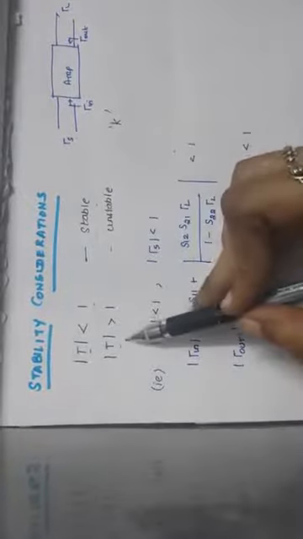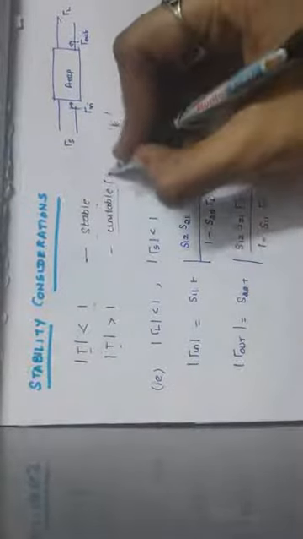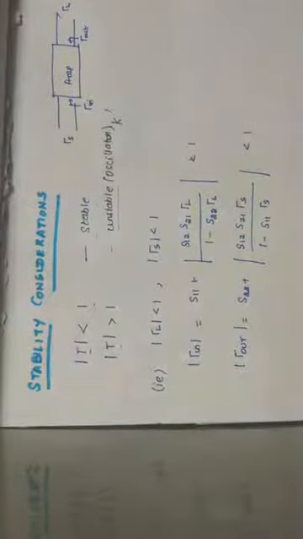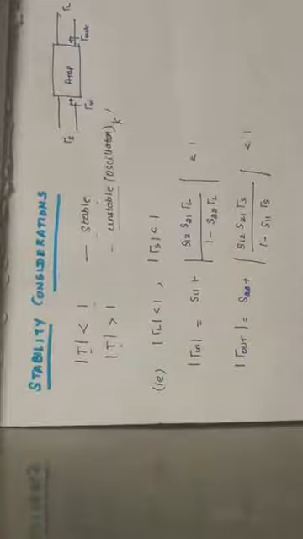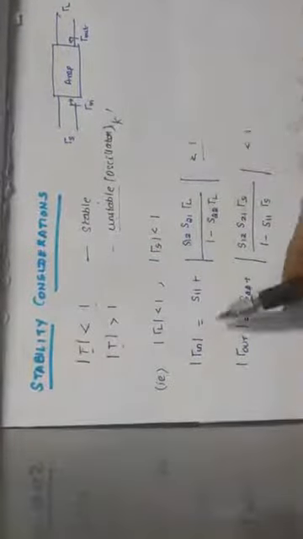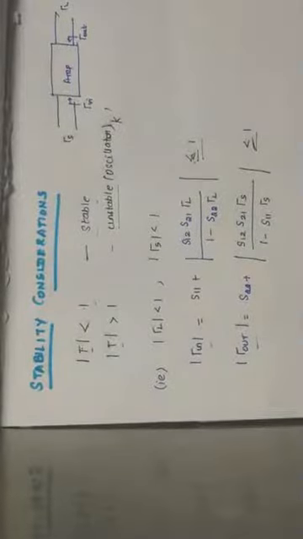But if the reflection coefficient becomes greater than 1, the amplifier becomes unstable, starts to act as an oscillator, and no more behaves as an amplifier. So for my amplifier to behave in a stable region and be effective in its normal operating range, the main condition is that tau must be less than 1, or at least at the input and the output this has to be less than or equal to 1.